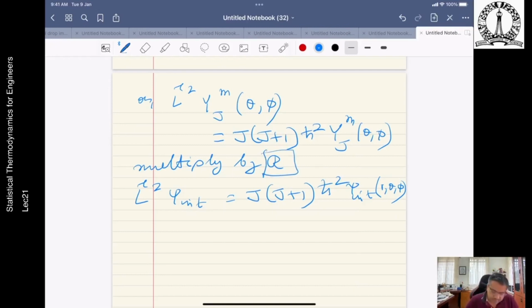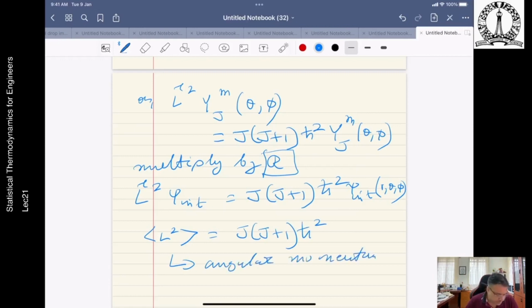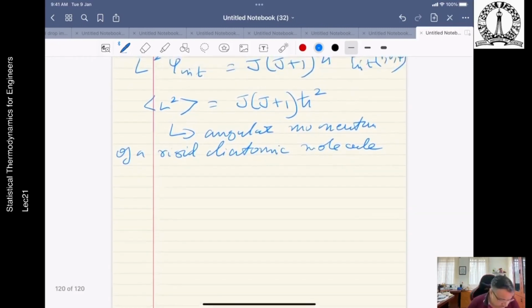Therefore, L squared is equal to j into j plus 1 h bar squared. So this angular momentum of a rigid diatomic molecule is quantized.